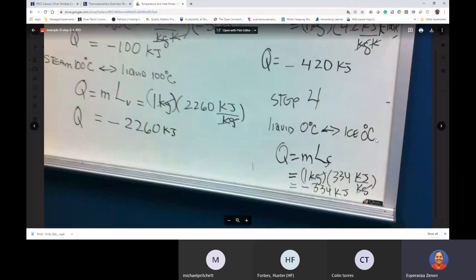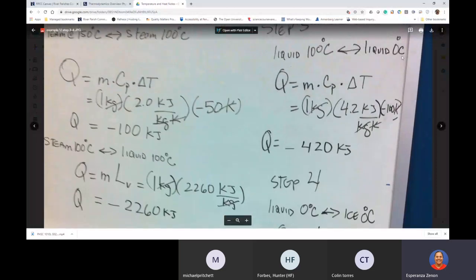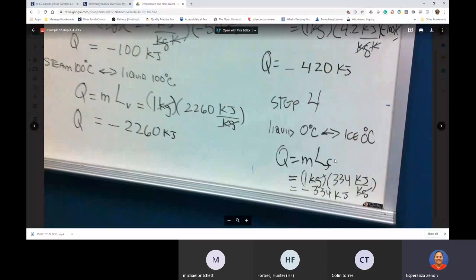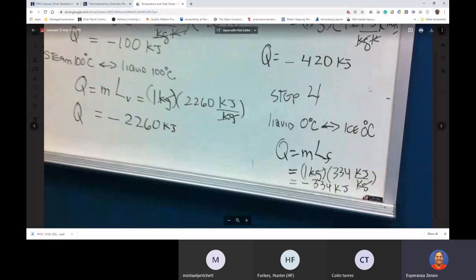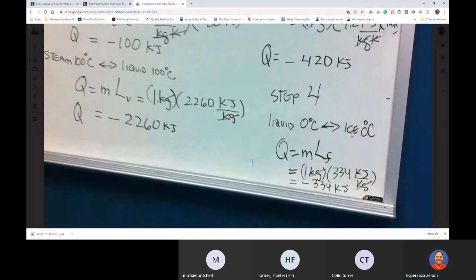But I have to be careful here because I am using LF. Why? Because I'm doing a transition around the freezing point, 0 degrees Celsius. Once I get to 0 degrees Celsius, I have to pause because I won't be able to do anything until all of this material changes from liquid to ice.